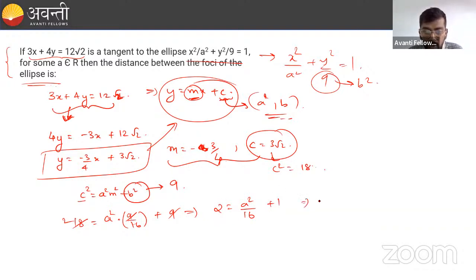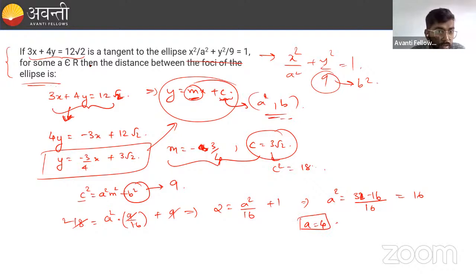So what will be the value of this thing? a square will become 16. So the value of a will be 4.